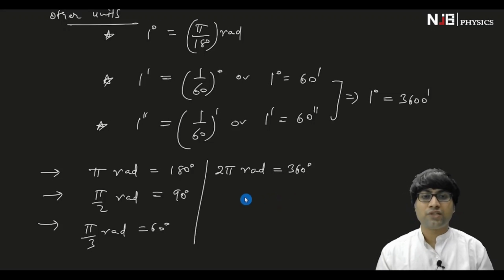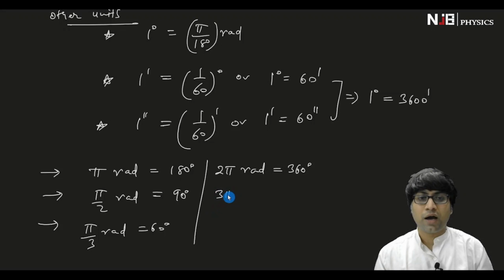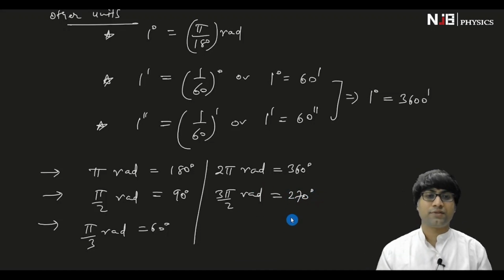Like this, we can memorize a few other conversion factors. For example, 3 pi by 2 radians is going to be equal to 270 degrees. So mostly we are now going to deal with this angle theta in radians, and you should know its conversion from radians to degrees and from degrees to radians.